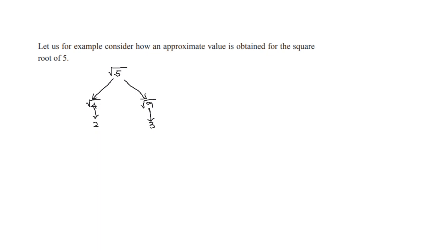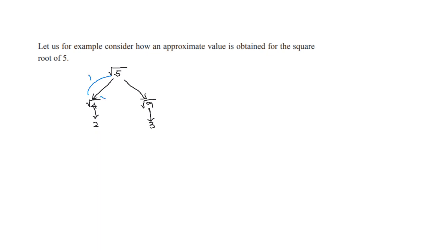But you don't know whether it is 2.1, 2.2, 2.3. So, we have to approximate the number there. So, how do we do that? We have to take the gap of these two numbers, 5 and 4 and 4 and 9. This gap, 4 and 5, is equal to 1.